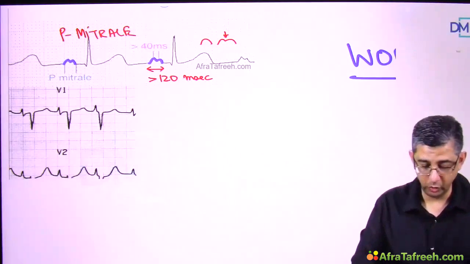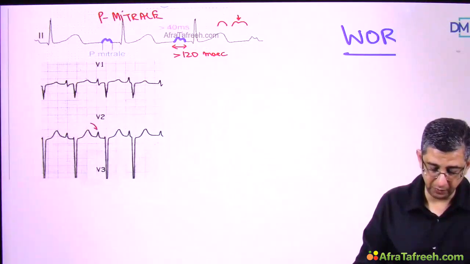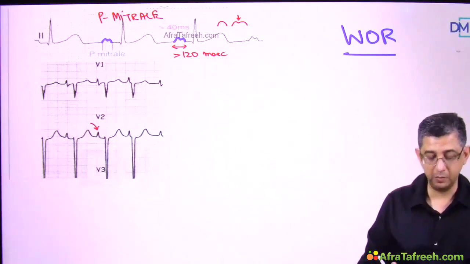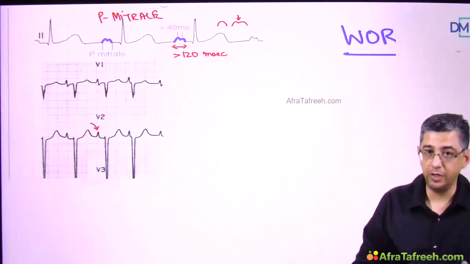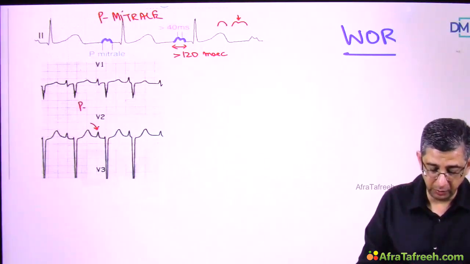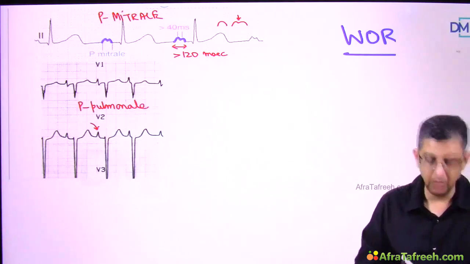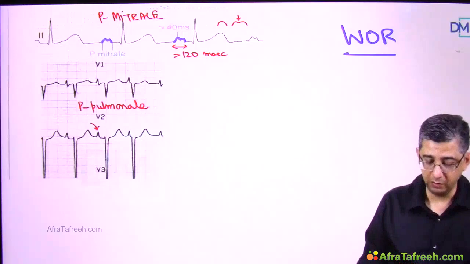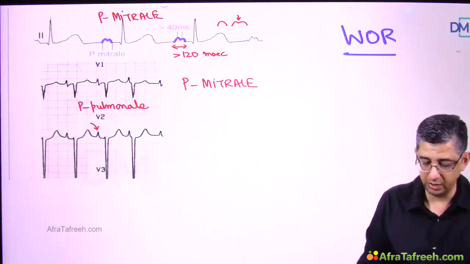I also want you to notice that in some patients you could be having, especially COPD patients, peaked P waves where the height of the P wave is much more than normal, more than 2.5 millimeter in the limb leads or more than 1.5 millimeter in the chest leads. So if the vertical height of the P wave is much more than normal, then we tend to call it P pulmonale. So 3 abnormalities of the P wave that I want you to remember is 1, P mitral where the duration is relatively more than 120 milliseconds.